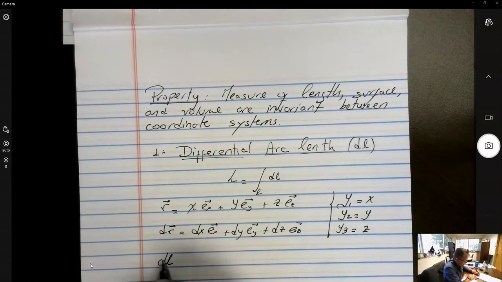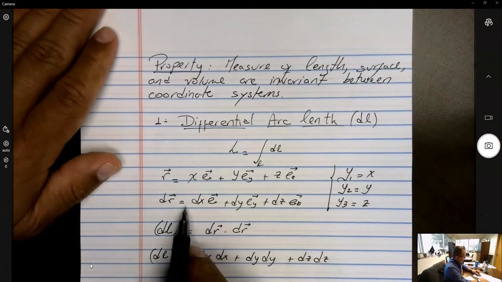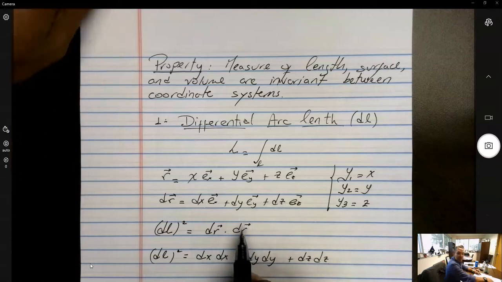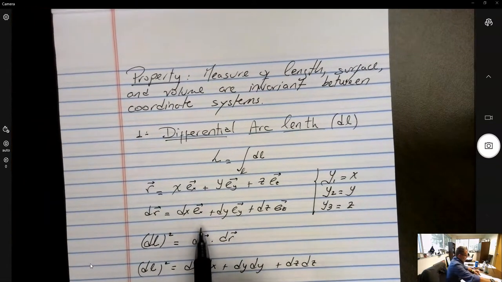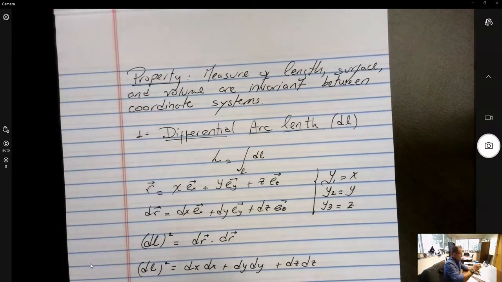So the differential arc length square is the differential of the position vector dotted into the differential of the position vector. So dl square is dx times dx plus dy times dy plus dz times dz. Sorry, or dot it into each other, I'm sorry. And then you'll get the scalar.